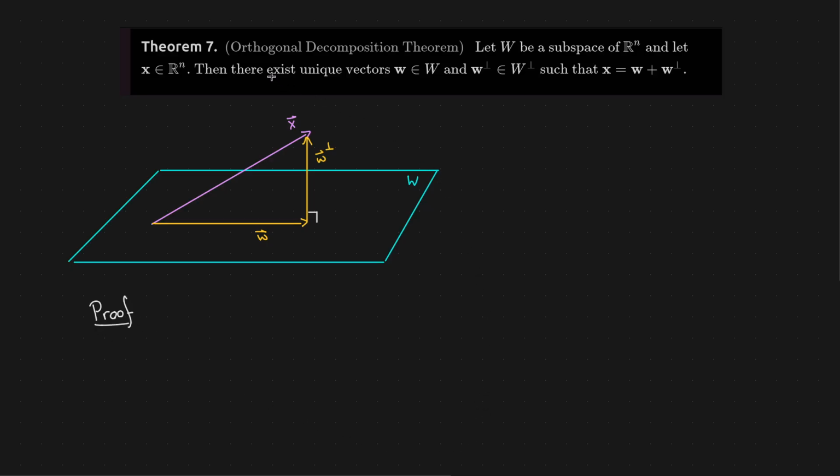Now, because we want to prove there exist unique vectors, that's actually a two-part proof. We first need to prove existence, and then show that it is unique, that it's the only way to do it. So let's start by letting X be some vector in Rn. We don't care which one.